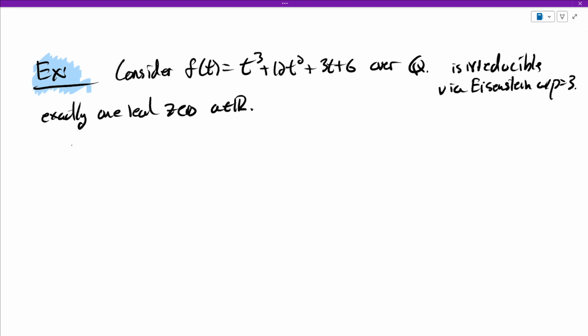We know that there's 3 roots, and we know that if we set G to be the Galois group of the splitting field of f over Q, we can view this as a subgroup of the symmetric group on 3 letters. And there are 3 such subgroups.